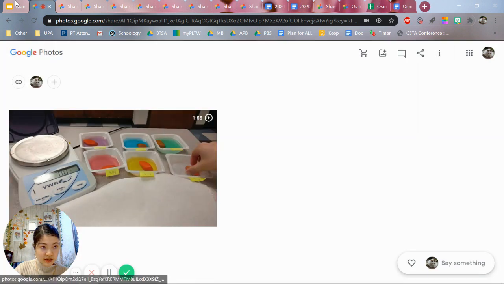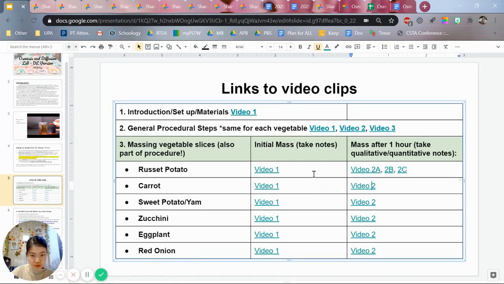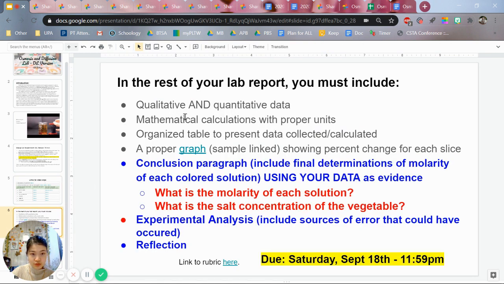I gave my students the freedom of creating whatever data table they felt they needed to present their qualitative and quantitative data, as well as their calculations and their final presentation of the percent change in mass, as well as a proper graph. Okay, so now I'm going to show you what that proper graph should look like.